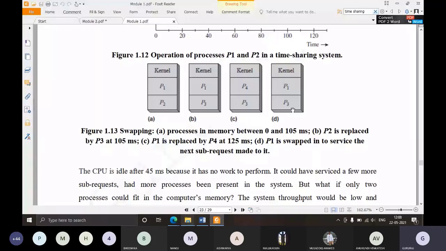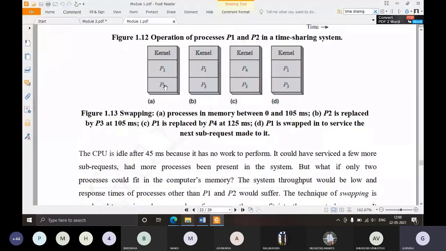You can see the swapping is happening here. Initially the processes P1 and P2 were in the memory. Then process P2 was removed from the memory and another process, P3, was given the chance. P2 is replaced by P3 at 105 because P2 was not able to continue.